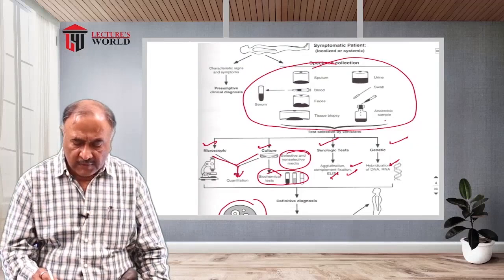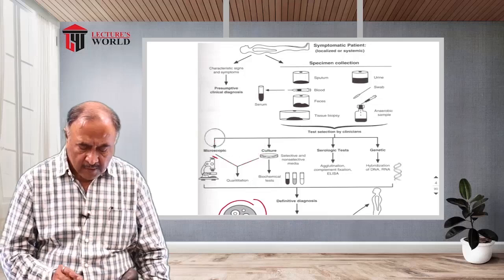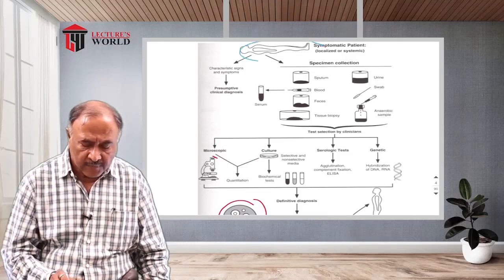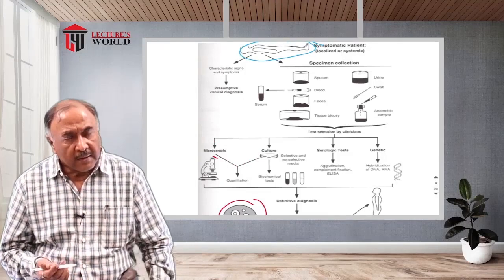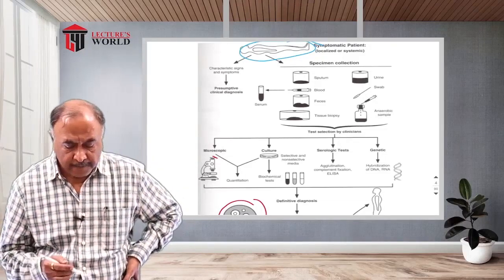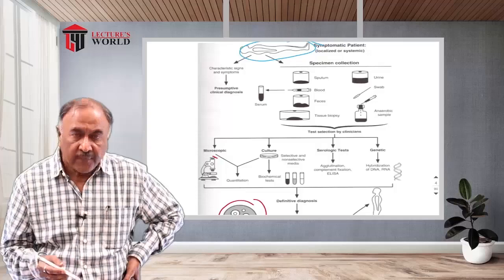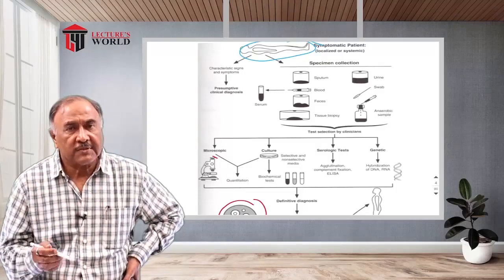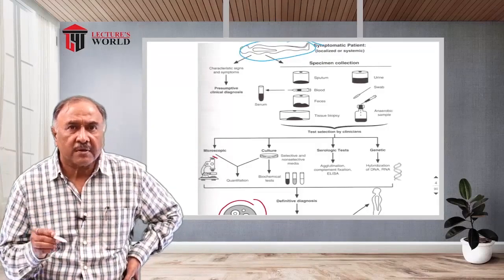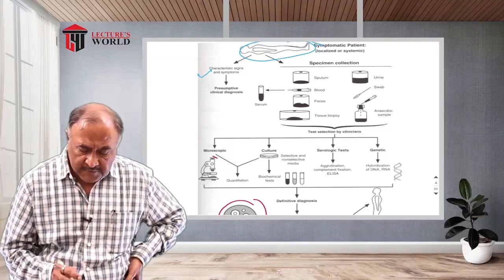As you can see in this diagram, a symptomatic patient is this. The disease can be either localized or systemic. Now, the identification of a disease, as I had told you in the initial slide, can be on the basis of the experience of a doctor and on the basis of characteristic signs and symptoms.